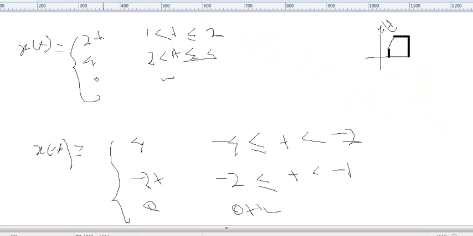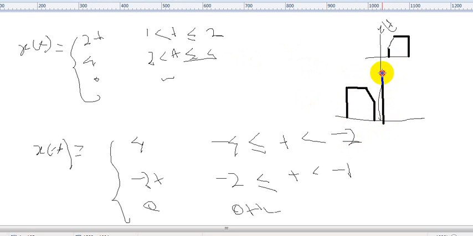This was the actual signal, and when we rotate this signal, that means when we find x of minus t, the signal will look like this.